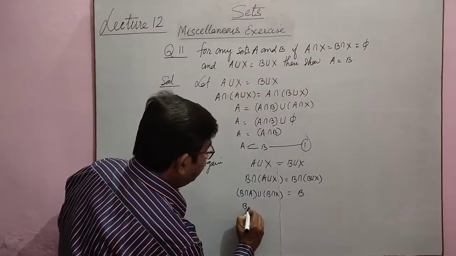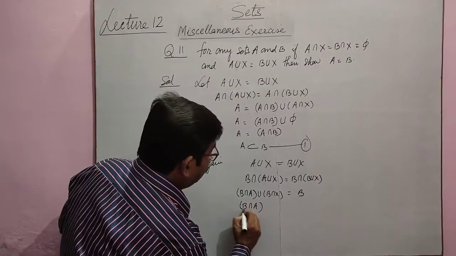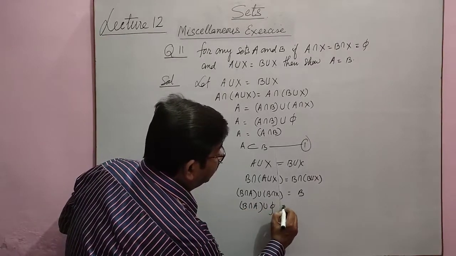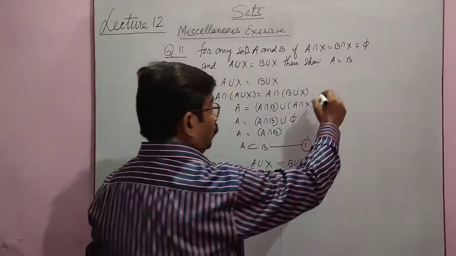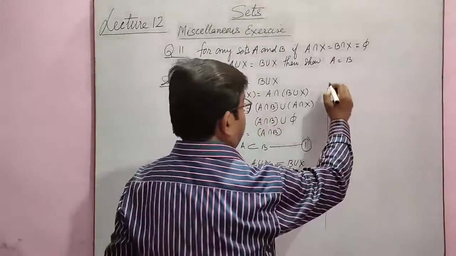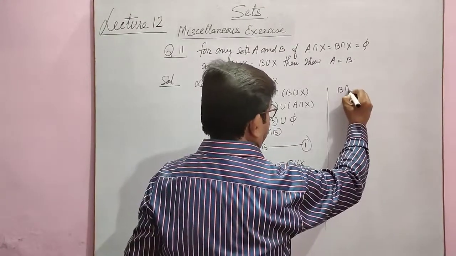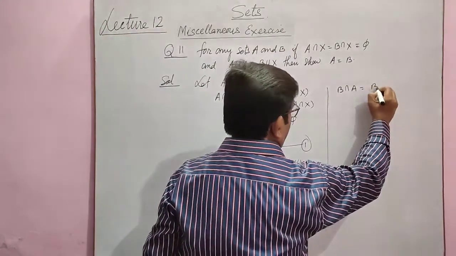So B intersection A union phi is equal to B intersection A. So B intersection A is equal to B.